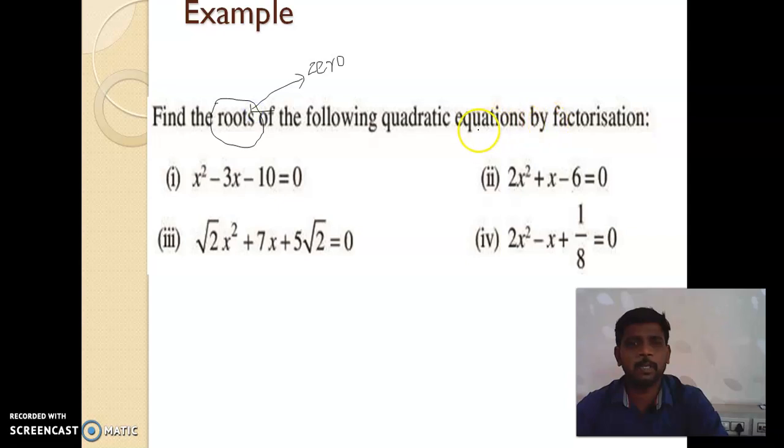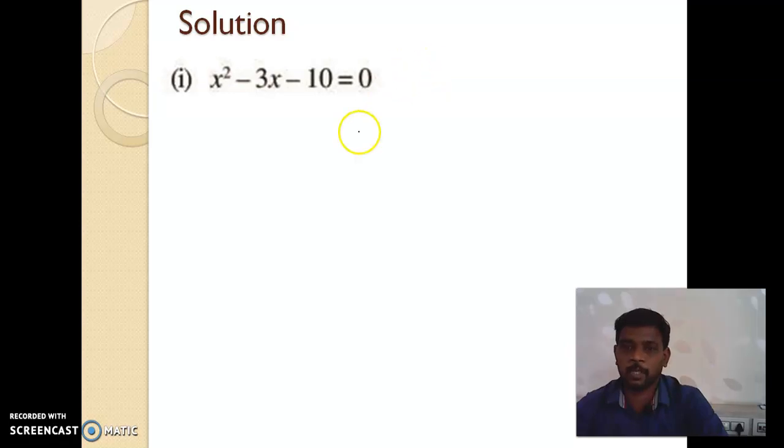The solutions of the quadratic equation are called either zeros or roots of the quadratic equation. We are going to solve these four quadratic equations through the factorization method. Look at the first one. As I told earlier, factorization means splitting the middle term or using the I method, so both are nearly the same method.